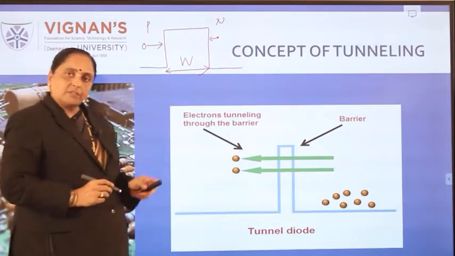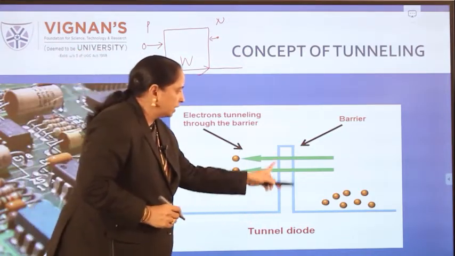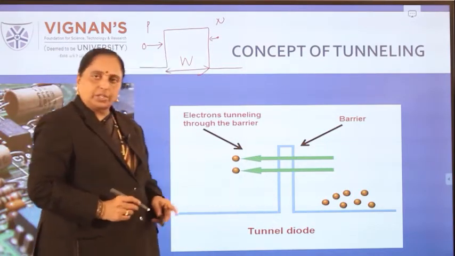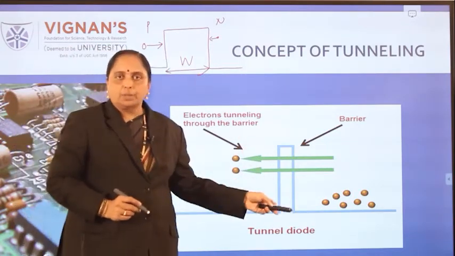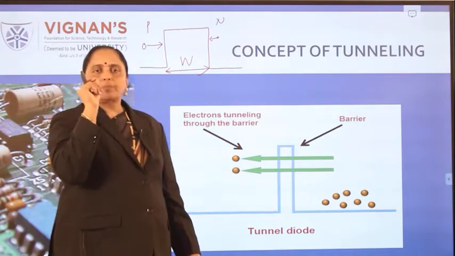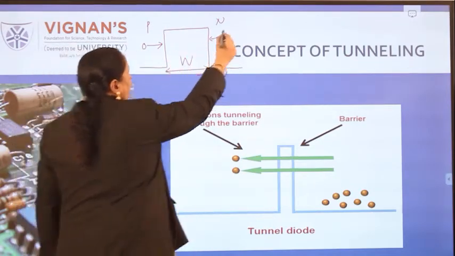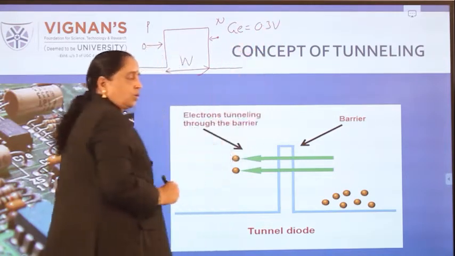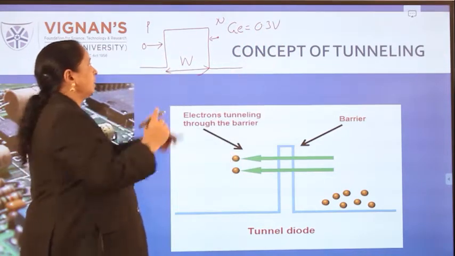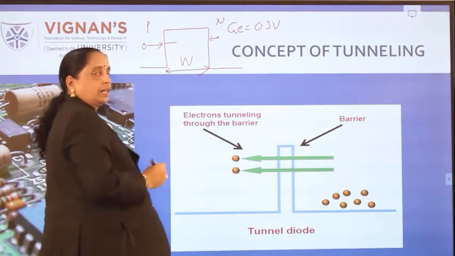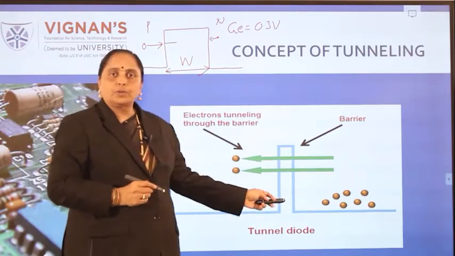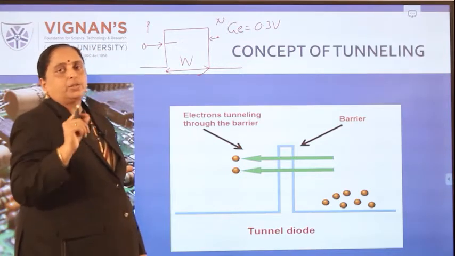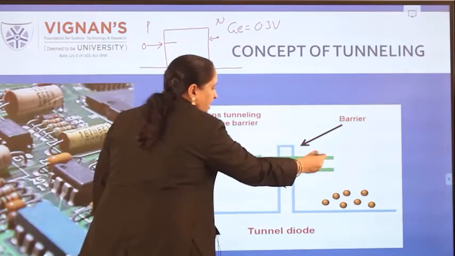Whereas in case of heavy doping, the depletion width is narrow. This is a wide depletion width, and this is a narrow depletion width. With this narrow depletion width, even with a small voltage, for example, in normal doping germanium, up to 0.3 volts there is no current conduction. Carriers cannot cross here, it is very difficult. But in case of a tunnel diode, even with a very minute voltage, the carriers will travel.